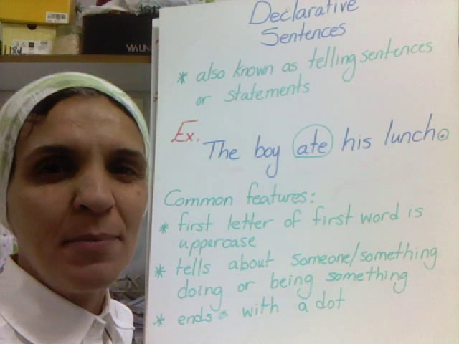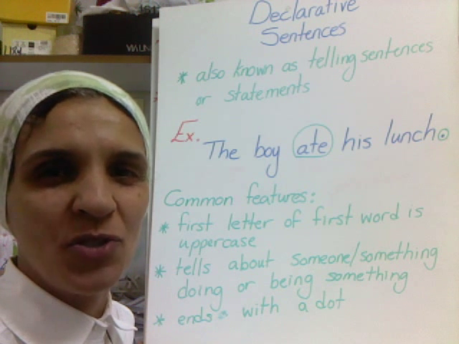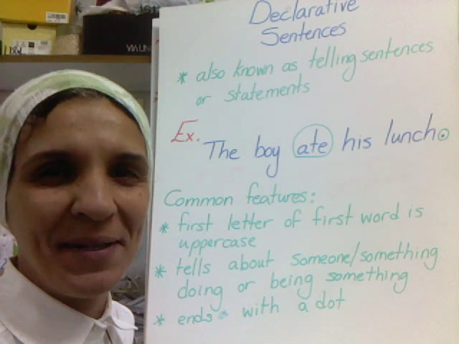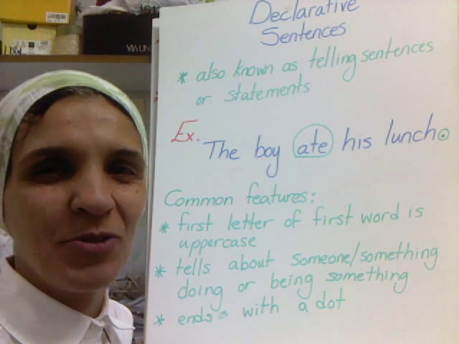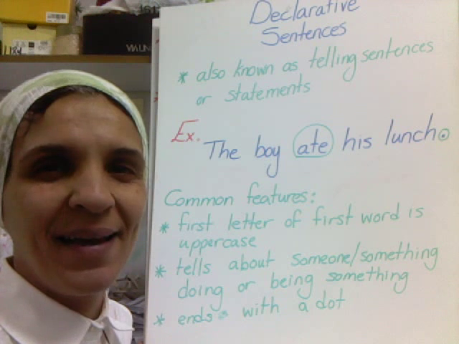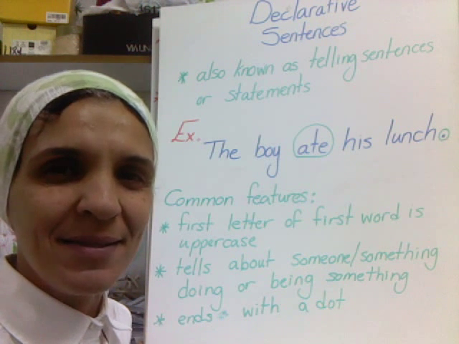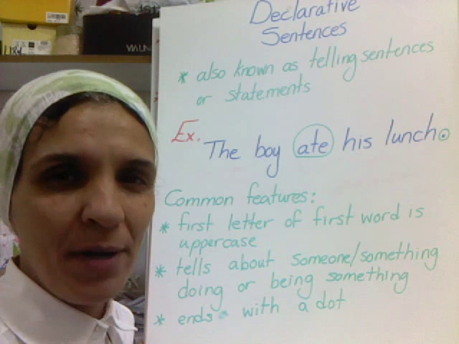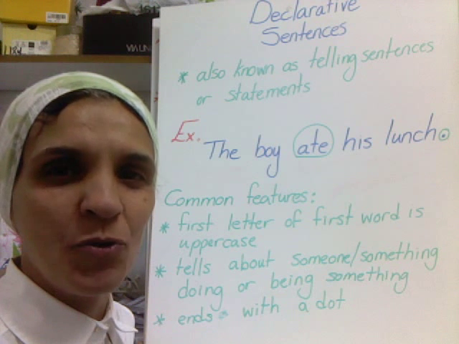So there are some common features that you need to know about a declarative sentence. We're just going to go over them again together. The first letter of the first word always has to be written in uppercase. So the word the starts with a capital T. Another thing that you have to remember is that this sentence is telling about someone or something doing something or being something.